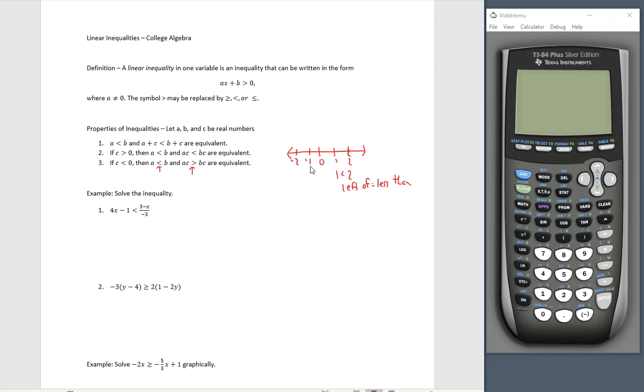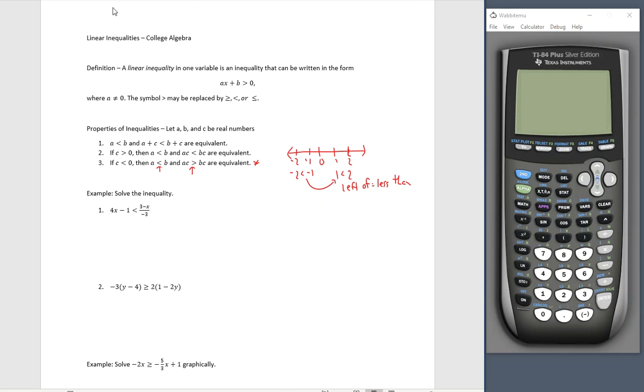But with the negative numbers, negative 2 is still less than negative 1. But notice that when we change the sign, it becomes the opposite. The 1 is now less than the 2 instead of negative 2 being less than negative 1. So that's the reason for this rule. It's because of our number line.